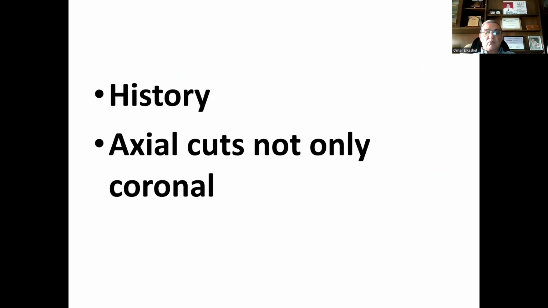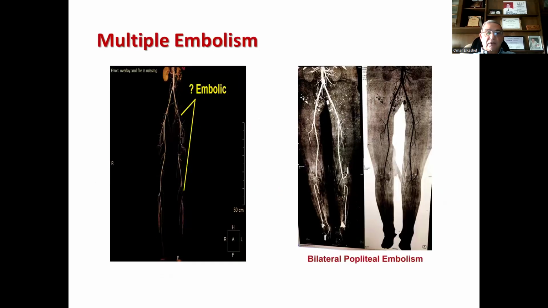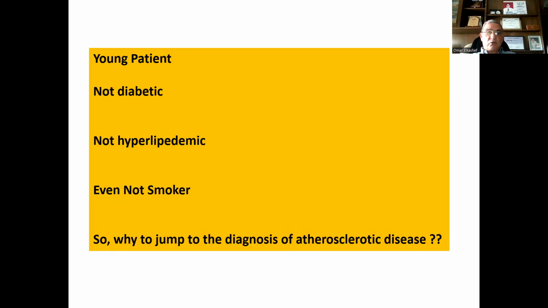History taking is important. Axial cut is not only for coronary, as here there is multiple embolism, multiple sites. So in embolism, the patient is young, not diabetic, not hyperlipidemic, not even a smoker.